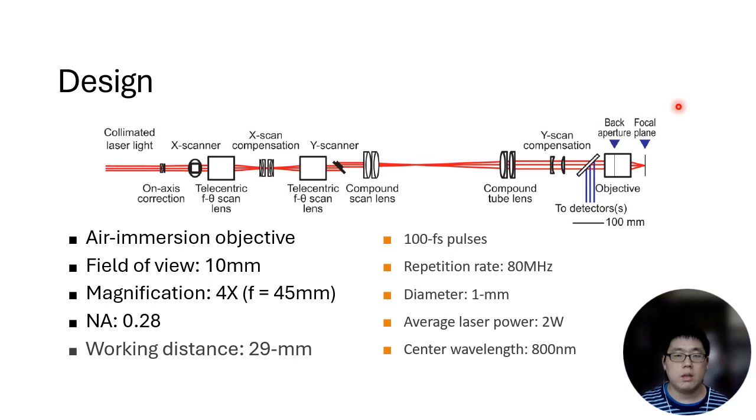Then a matched-length pair is inserted, the X compensation insert and the Y scan compensation insert, into the scan system to compensate for the net excess spherical aberration. Below are the parameters of the design.